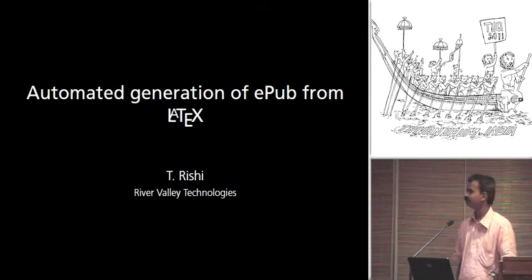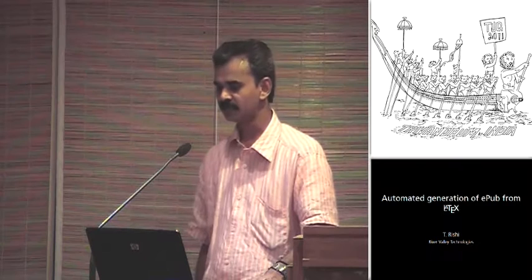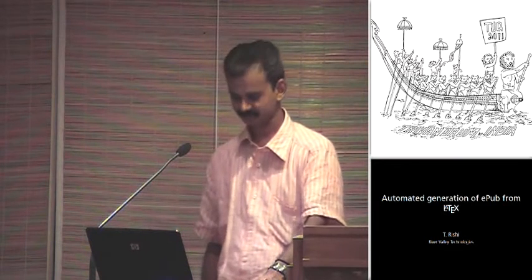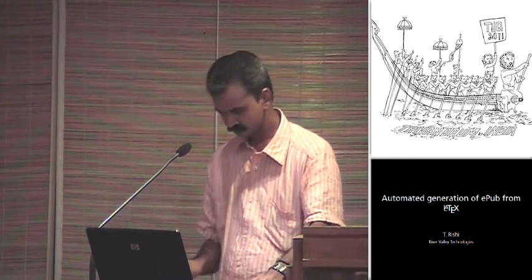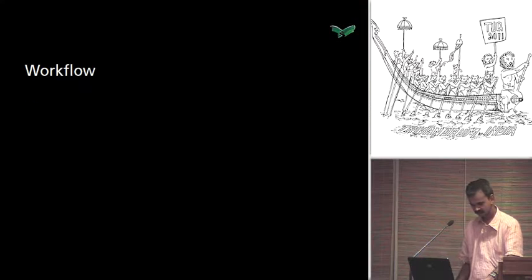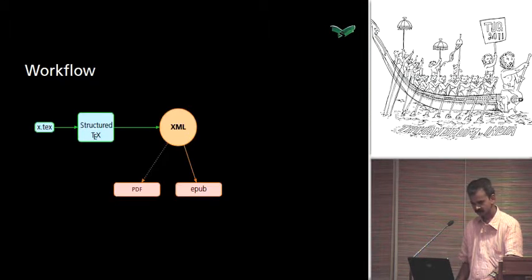My talk in the afternoon session is about automated generation of ePub from LaTeX. So the workflow is that the first one is the author's source code, a text file.